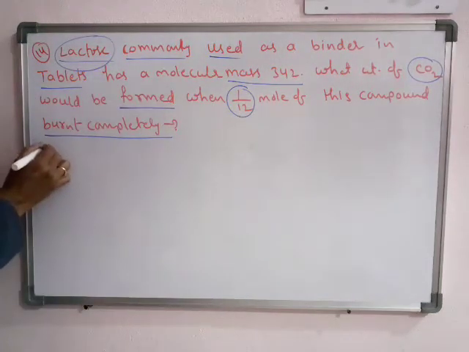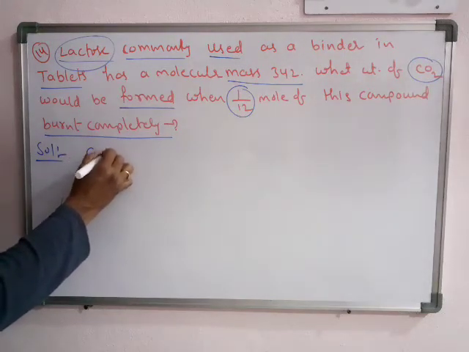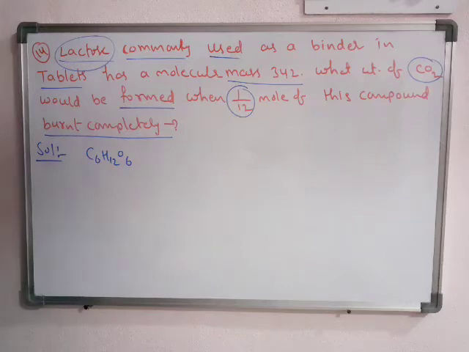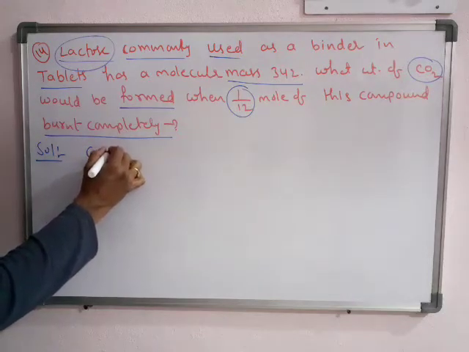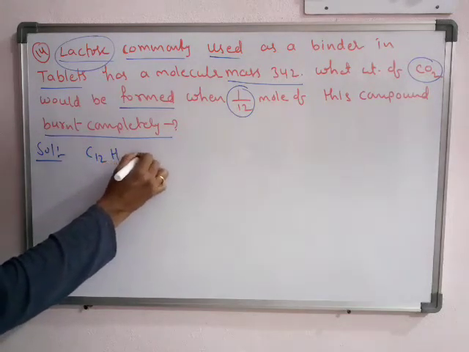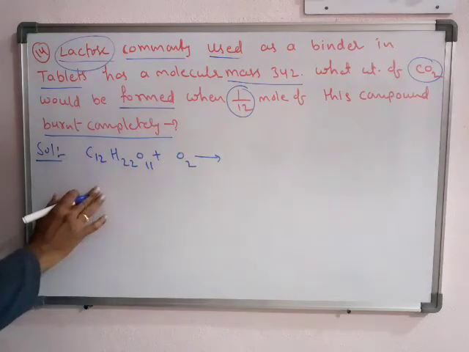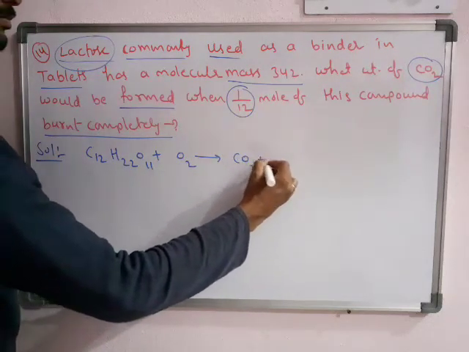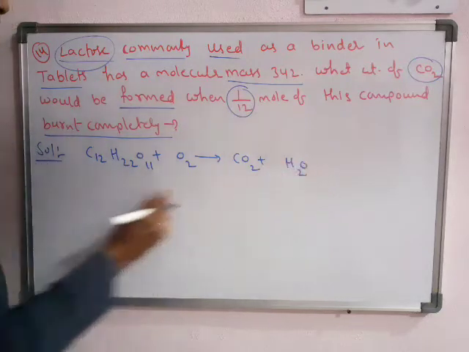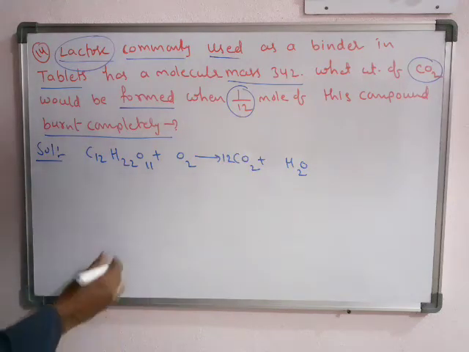Now we see its burning. Burning means reacting with excess oxygen. So C12H22O11 with excess oxygen forms carbon dioxide and water. 12 carbons, so 12 CO2.